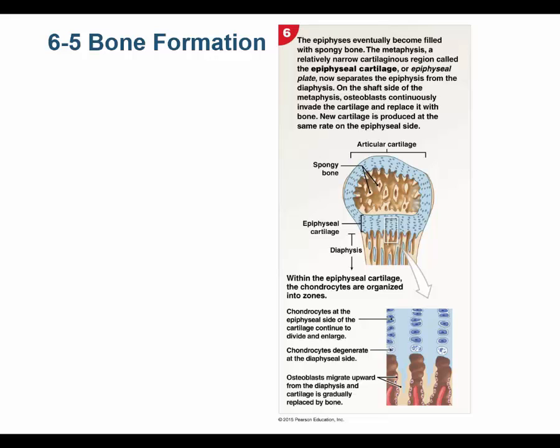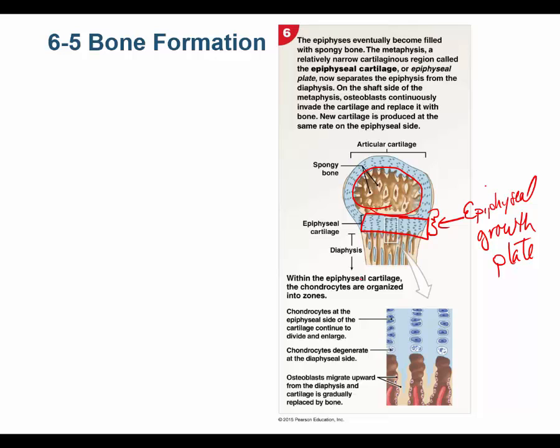Eventually, your epiphysis is filled with spongy bone, but we always leave this. It's called the epiphyseal growth plate. It's a thin layer of hyaline cartilage between my diaphysis and my epiphysis. And this is where I grow.